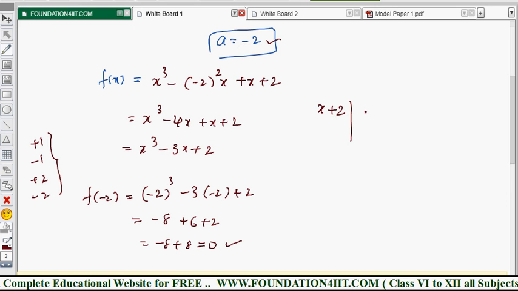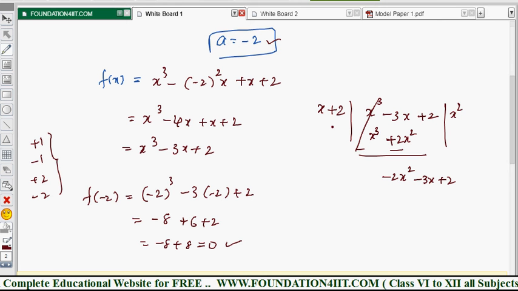Then do the division of the function x cube minus 3x plus 2. x into x square is x cube. Multiply x square by x plus 2, giving x cube plus 2x square. Change the sign and cancel, then minus 2x square minus 3x plus 2.